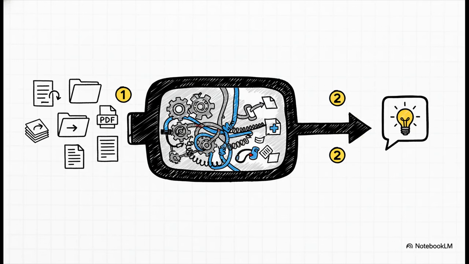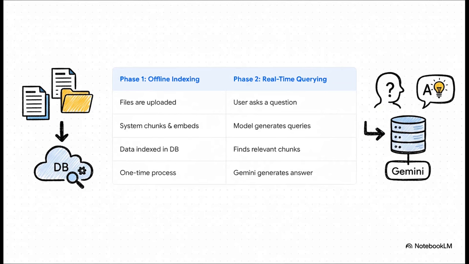So how on earth does it pull this off? Well, the File Search Tool is itself a RAG system. The key difference is that it's a fully managed system. It automates that entire pipeline, hiding all that gnarly complexity from you. And it all breaks down into two key phases. It all happens in two parts. Phase 1 is what they call offline indexing. This is a one-time thing you do upfront.